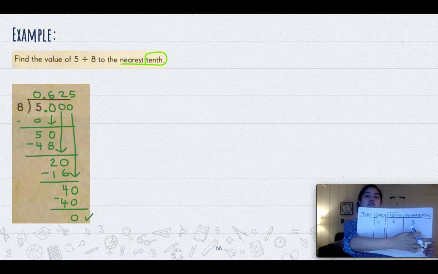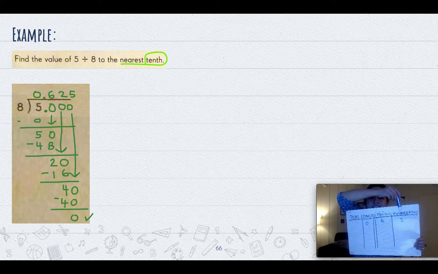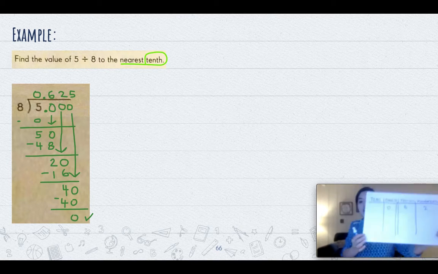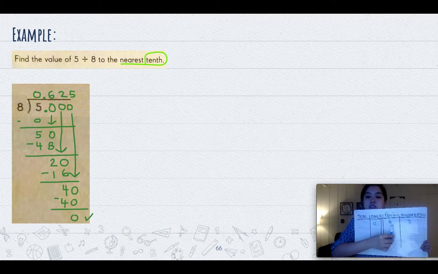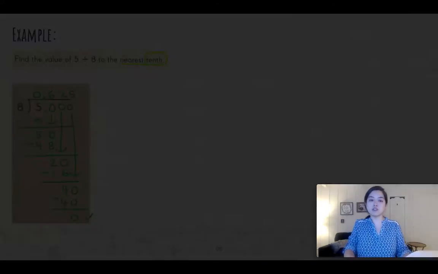I don't have it to the thousandths, because after the tenths, I have hundredths, then I have thousandths here, okay? So I can't even fit it here, okay? But you can just see, okay, the 0 is in the ones, then I have my decimal point, then I have my 6 in the tenths, and 2 in the hundredths, and 5 will be in the thousandths, okay?